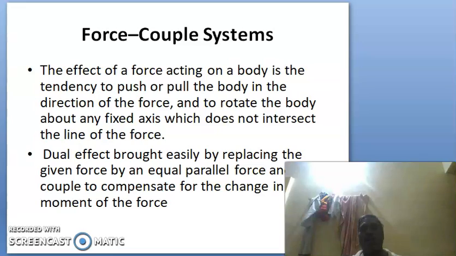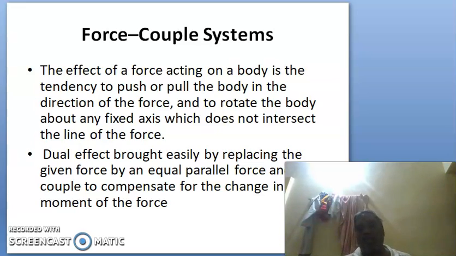So when it rotates, whenever the force is at some offset, which means it does not intersect with the center of gravity of the body. When the force is acting at the center of gravity, it is going to be a pure translatory effect.